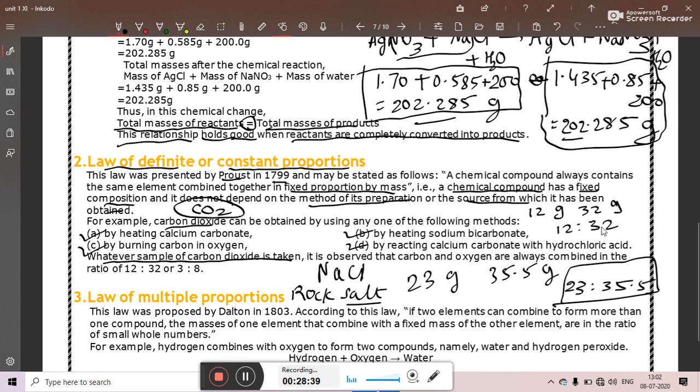If you find the simplest ratio, 4 3s are 12 and 4 8s are 32, so the simplest ratio of their masses is 3:8. So this ratio of carbon and oxygen will be fixed. That means the proportion of the elements present in a particular compound is always constant, or we can say definite.